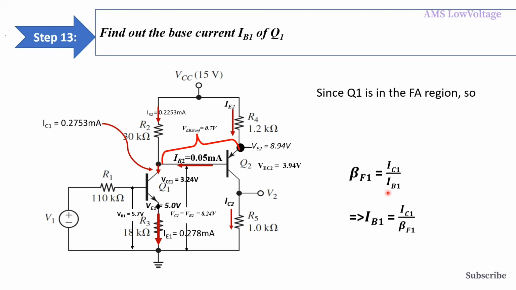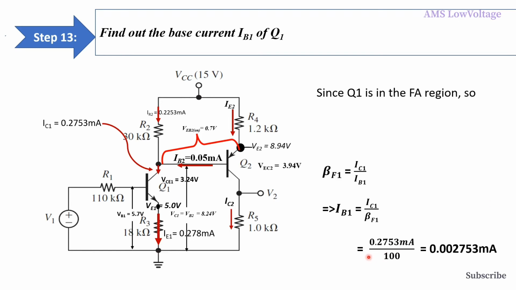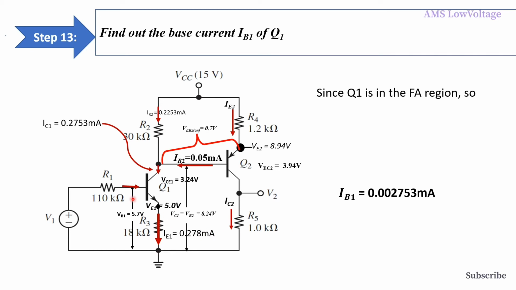This is a very familiar equation: the transistor current gain is its collector current divided by its base current. Rearranging, IB1 equal to IC1 divided by beta F1. Putting this value in, we find IB1 equal to 0.002753 milliampere, which I have indicated here like this.